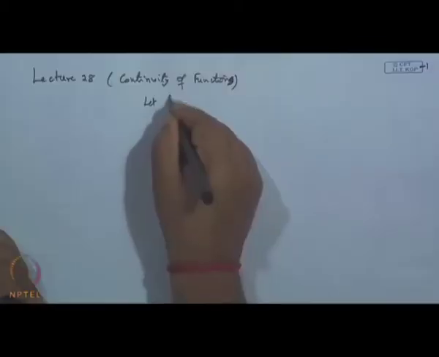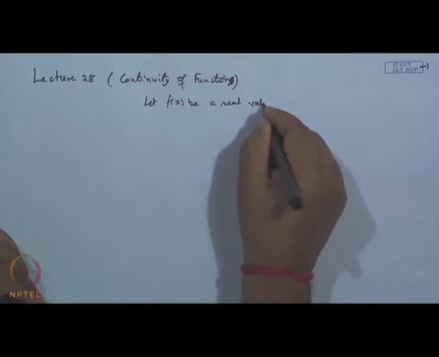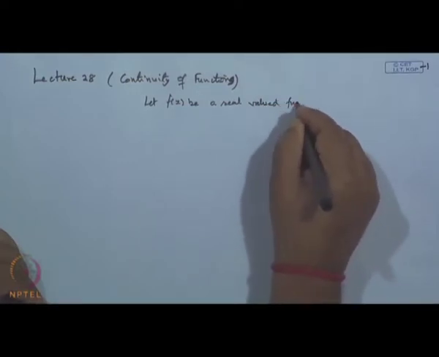We will include all sorts of functions, whether single valued or multi-valued. And when we say f x is a real valued function, it means that the values of f x lie in the reals. So, let f x be a real valued function.